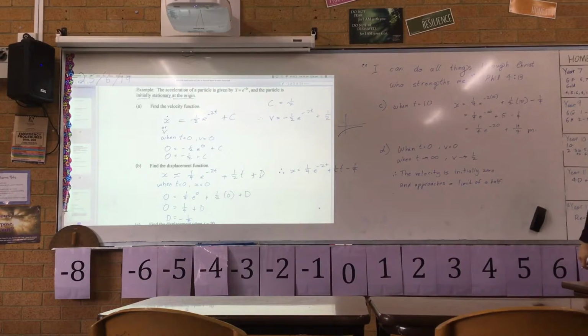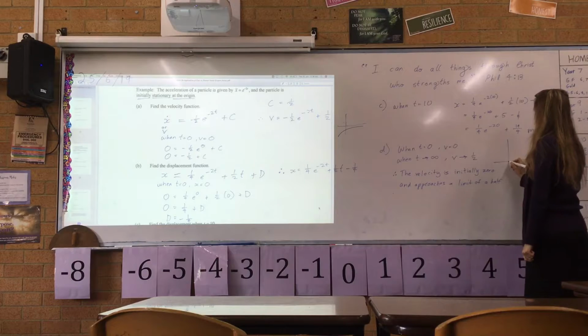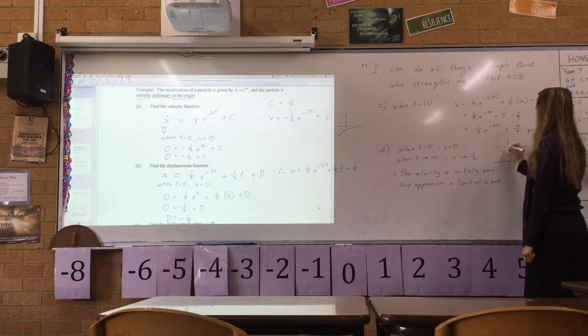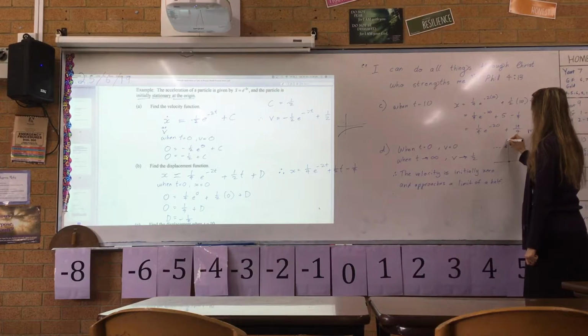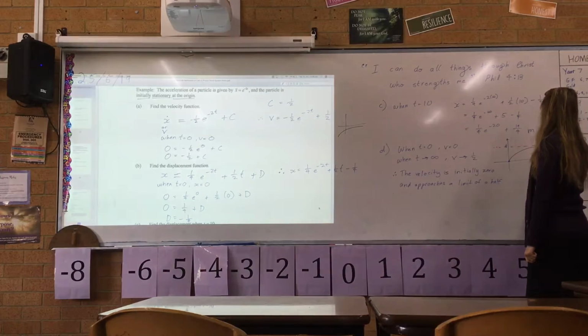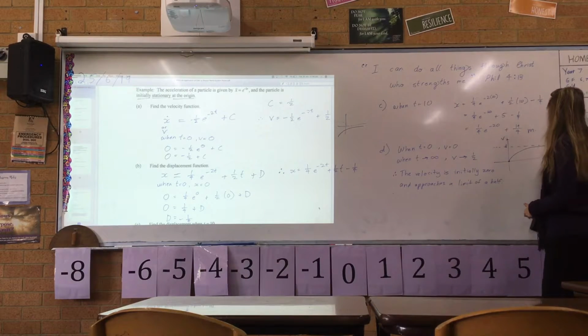They didn't ask you for a graph, but if we were to graph it, it's 0 to start with. This is a half. It gets closer and closer and closer to a half, so it's going to be something like that. And this is velocity, by the way, against time.